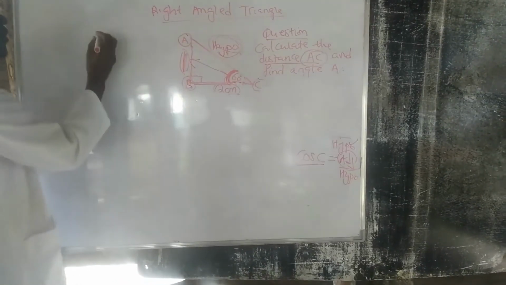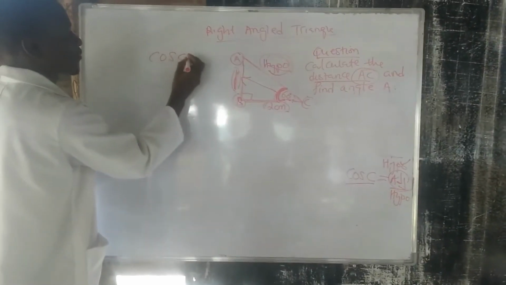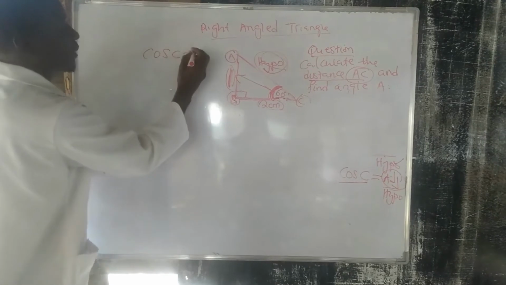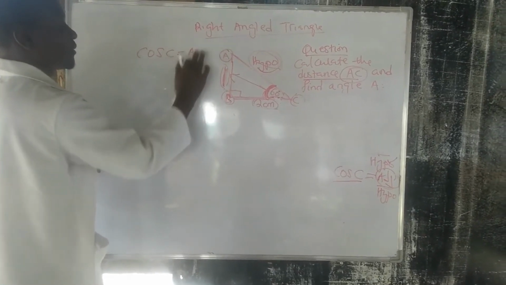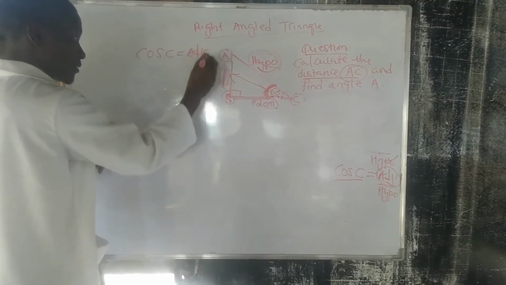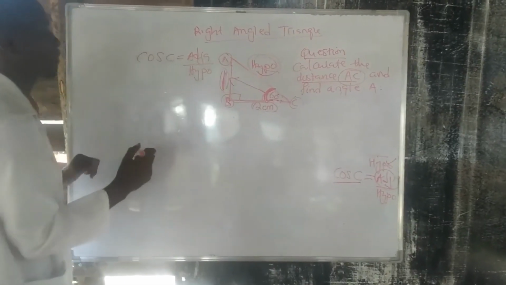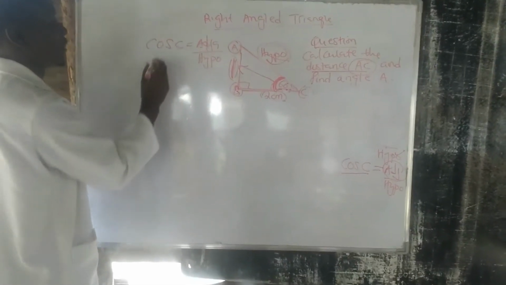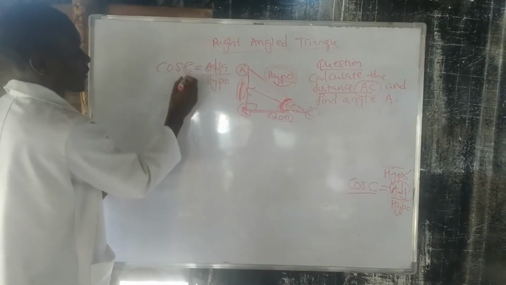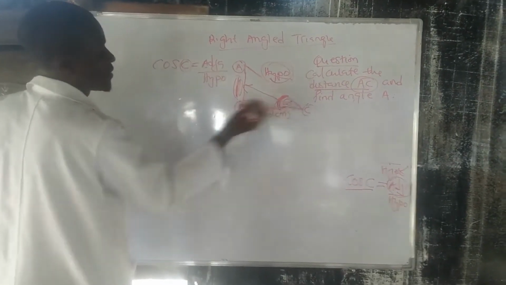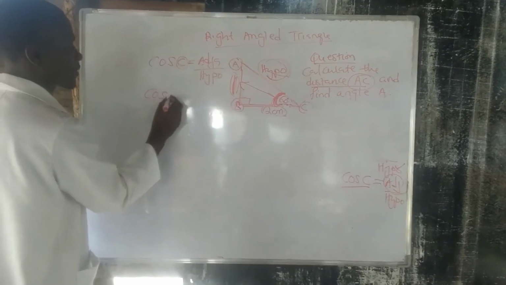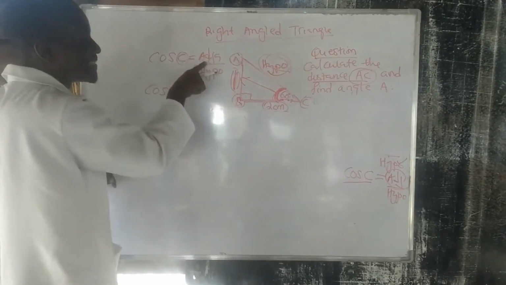Okay, so therefore cos C equals adjacent over hypotenuse. Now this is angle C, so that's 60 there. So you say cos 60 equals adjacent.